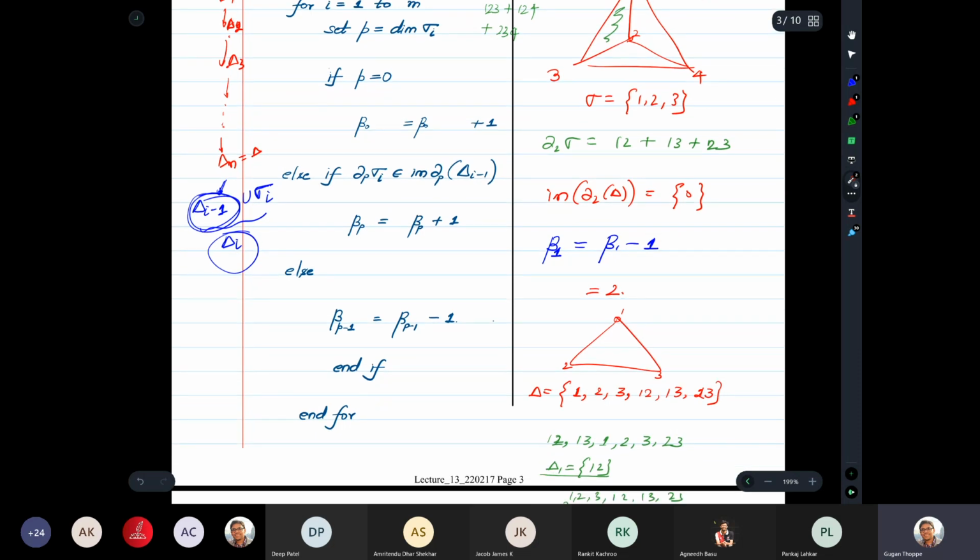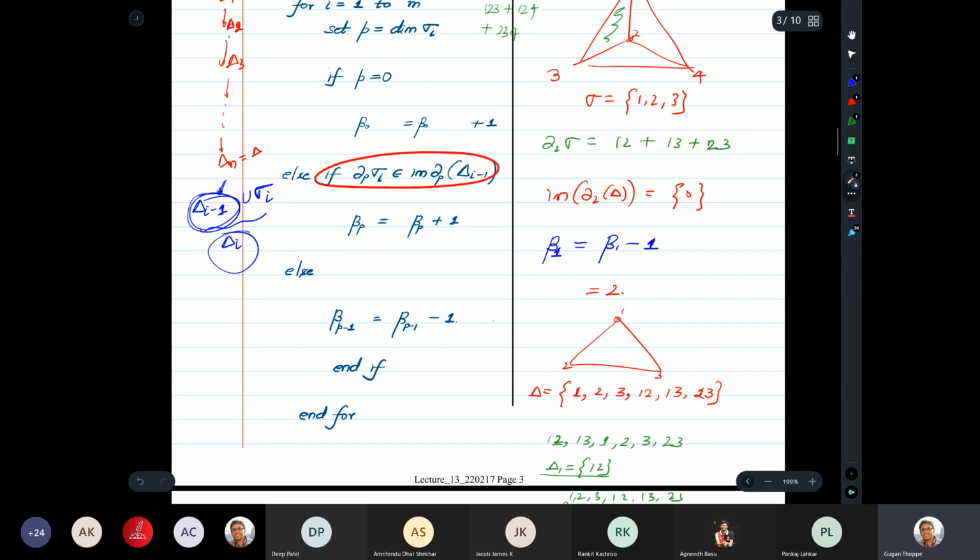On the other hand, if p is not 0, that is, I'm trying to add a higher dimensional face, then I check this condition. If this condition holds, then I know that I am going to create a cycle, and in that way I hope you agree that Betti p will increase by 1.